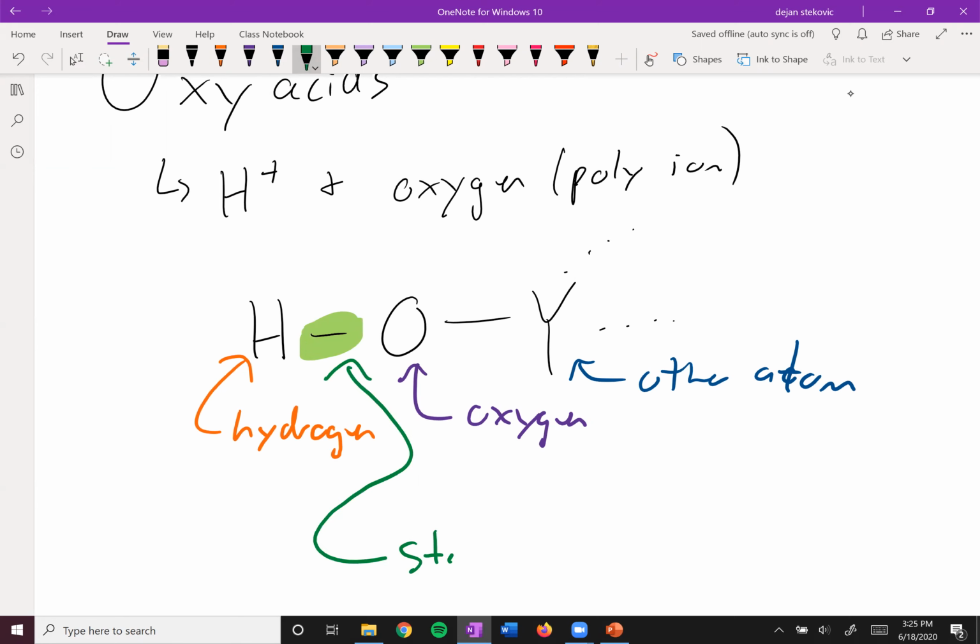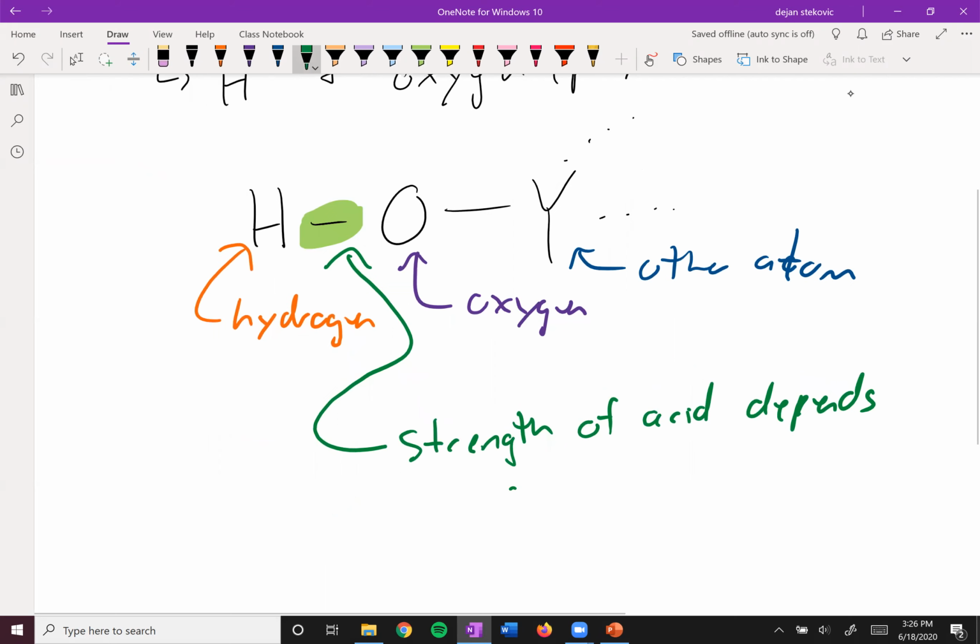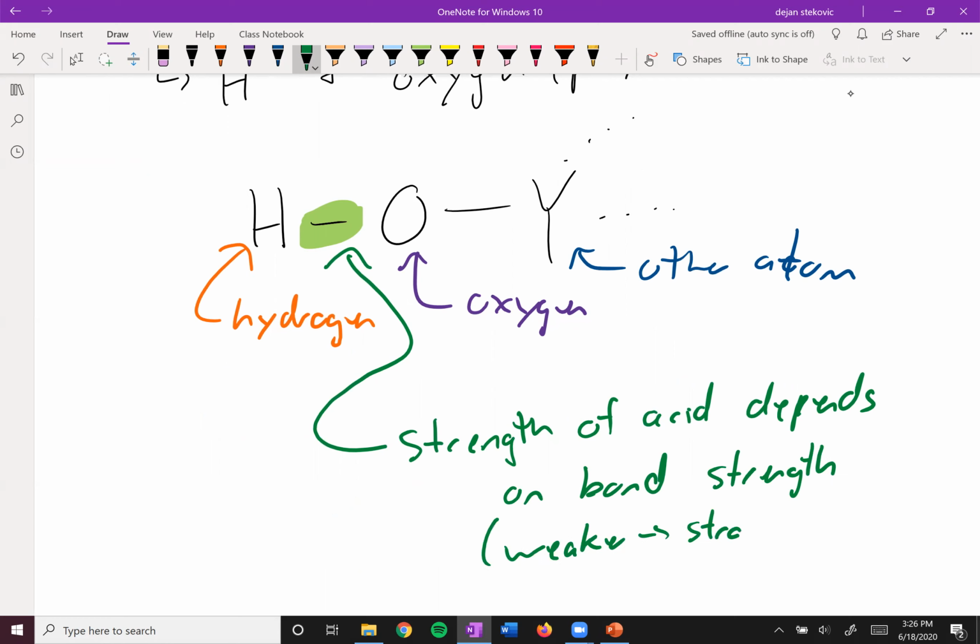So the strength of the acid depends on how strong this bond is. Where the weaker the bond, the stronger the acid. Right? The weaker the bond, the stronger the acid. The stronger the bond, the weaker the acid.